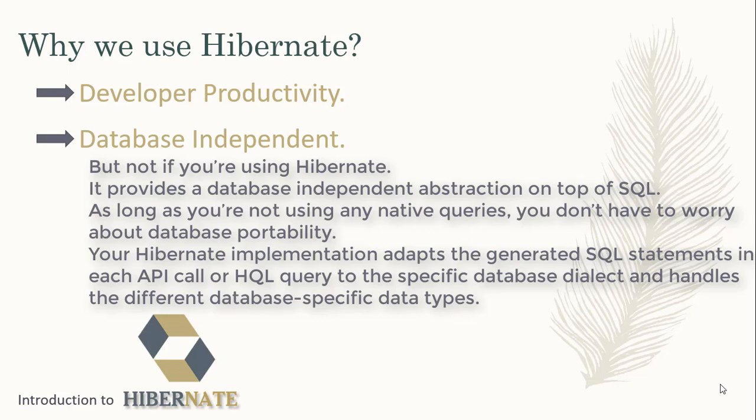It provides a database independent abstraction on top of SQL. As long as you are not using any native queries, you don't have to worry about database portability. Your Hibernate implementation adapts the generated SQL statements in each API call or HQL query to the specific database dialect and handles the different database specific data types.